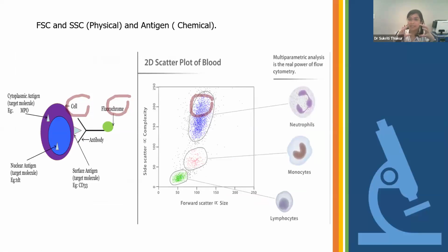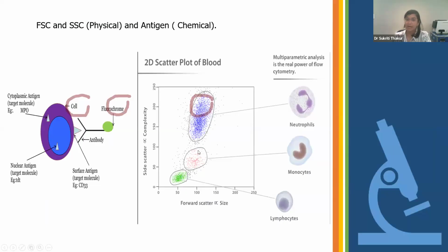If the cell has a small size, it will have very low side scatter as well as forward scatter. If the cell is larger and has more granules, it will have high side scatter as well as high forward scatter. Our lymphocytes, which are very small and have very few granules in the cytoplasm, will have very low side scatter and forward scatter.